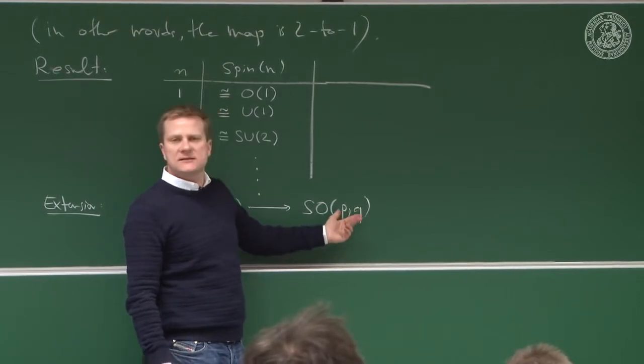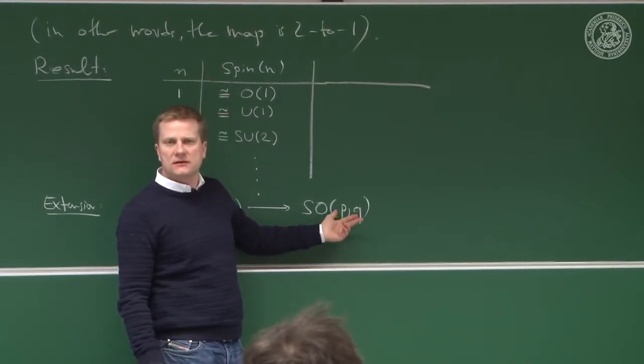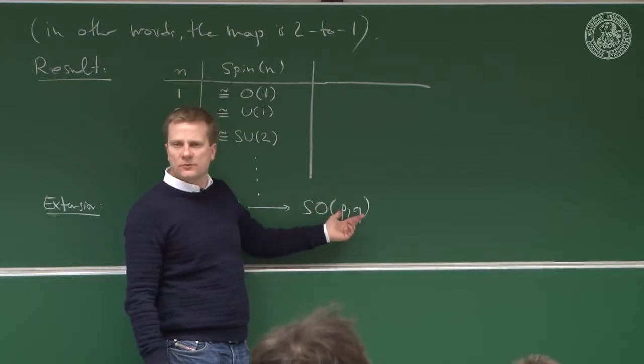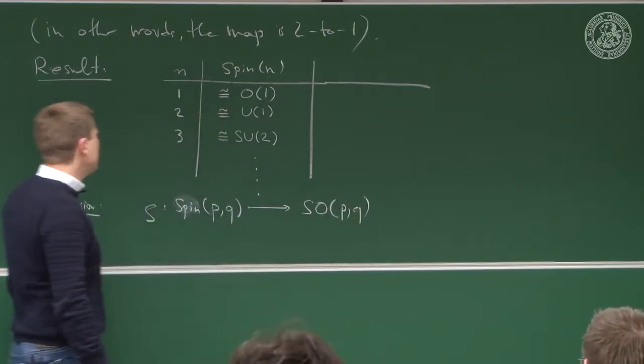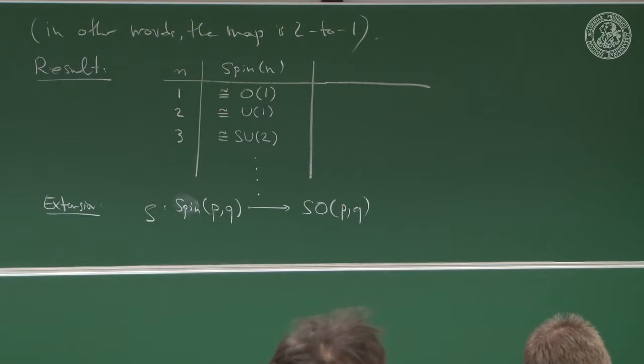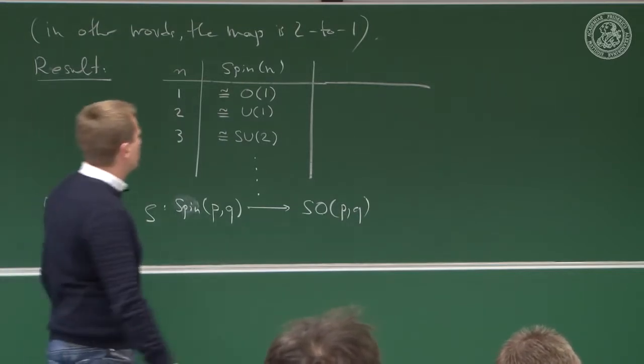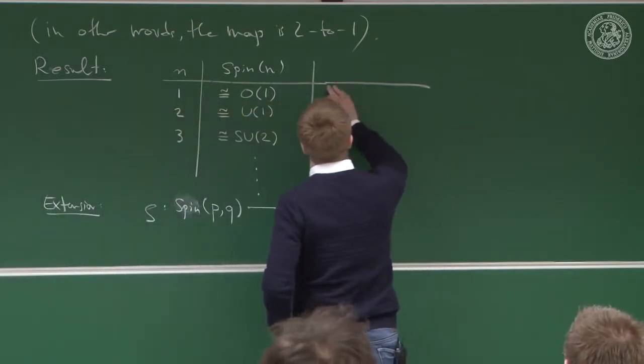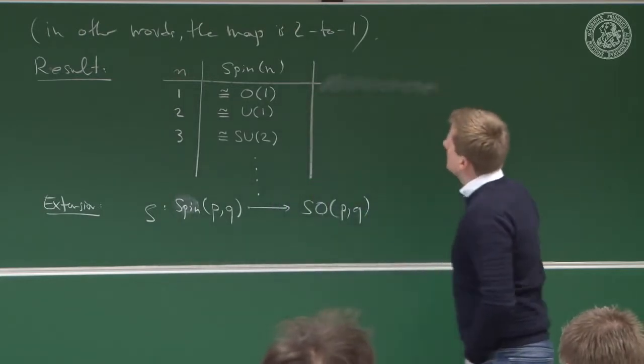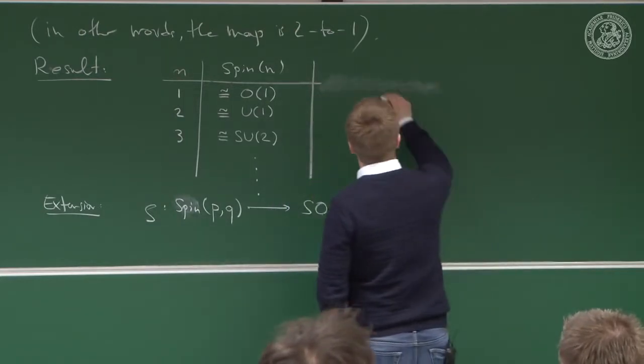Okay, and obviously this is of interest in relativity because there we have the Lorentz group, SO13, and there we need that. So we can also ask about the spin P, Q groups.